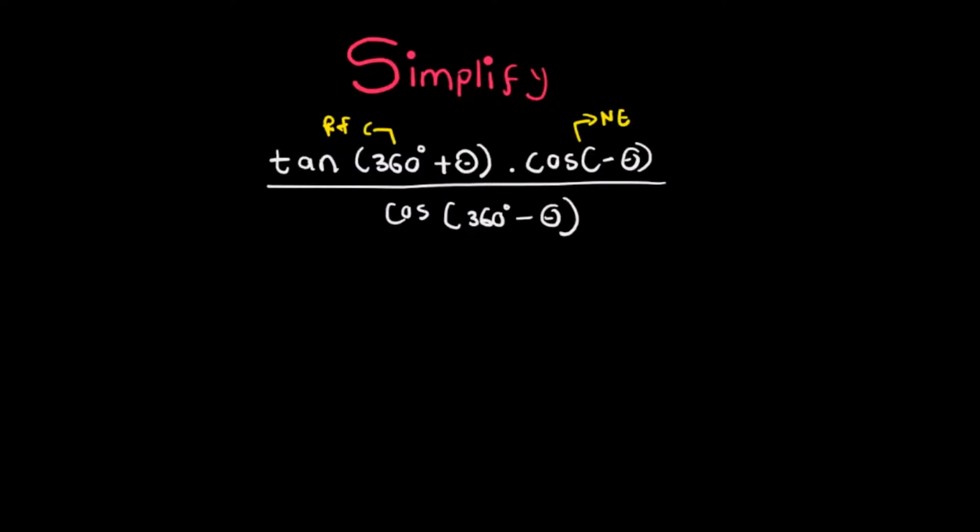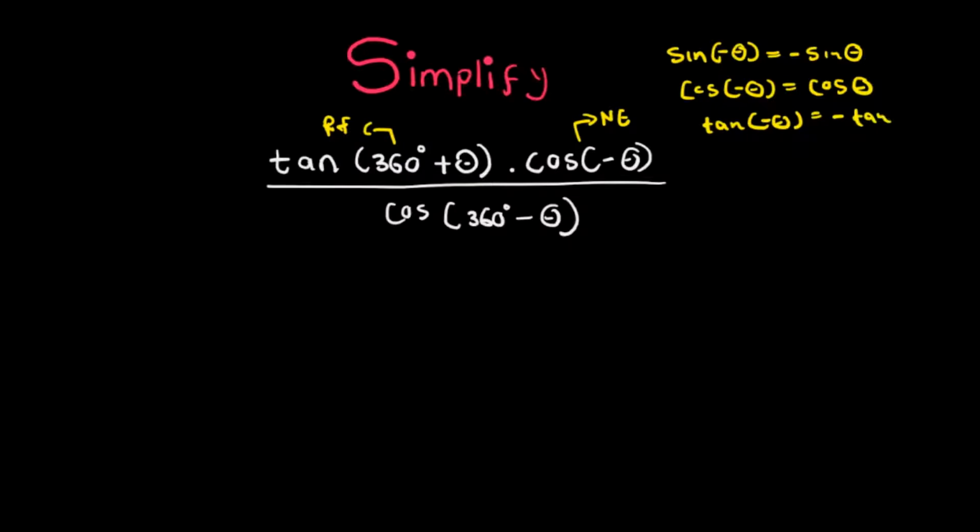If you remember, for negative angles, sine of a negative angle is equal to negative sine of theta, cos of a negative angle is equal to cos of theta, and tan of a negative angle is equal to negative tan of theta.